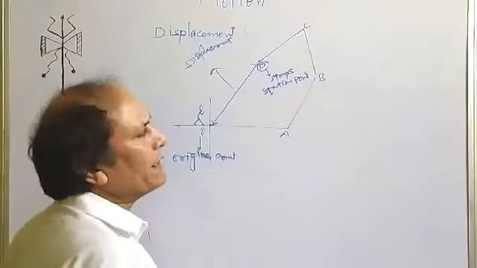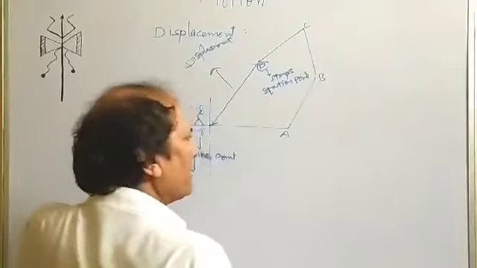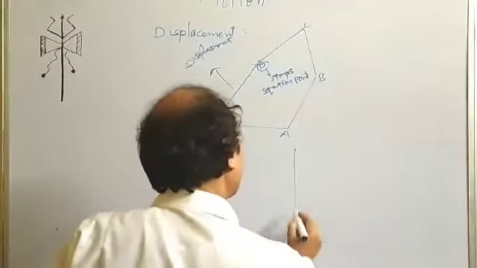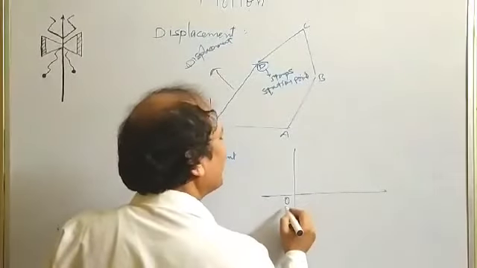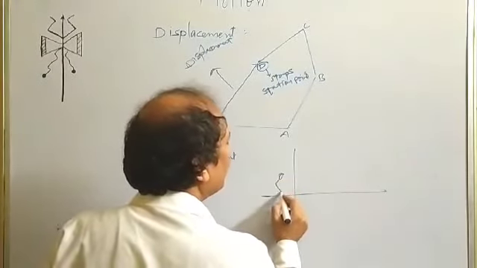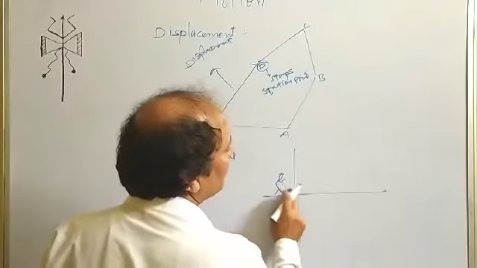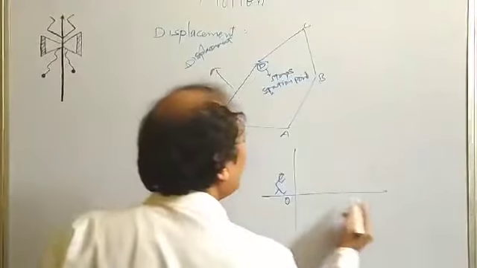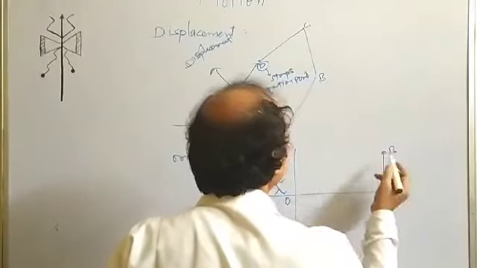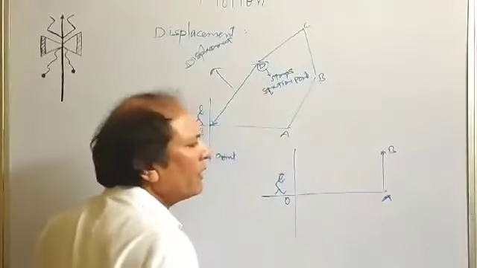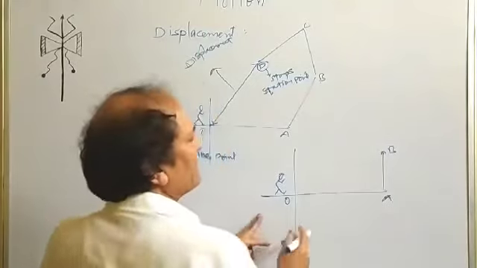In another way, suppose a person is moving. Suppose this is the origin point. The person starts its motion from here. It goes from O to A, now O to B. Displacement will be the minimum distance.